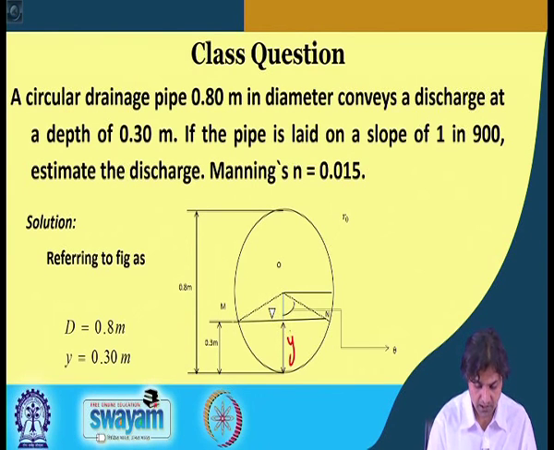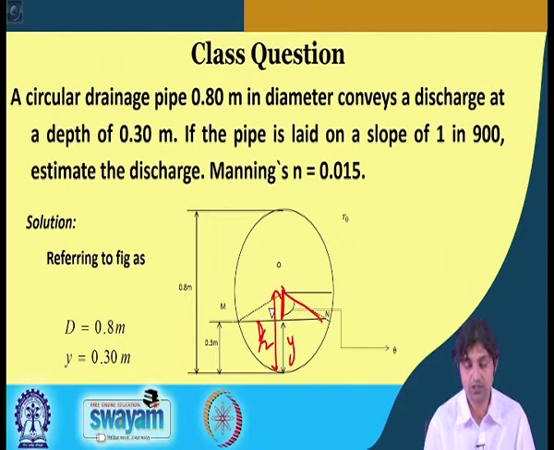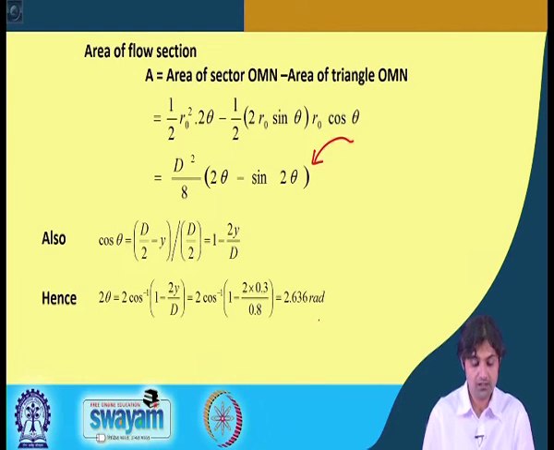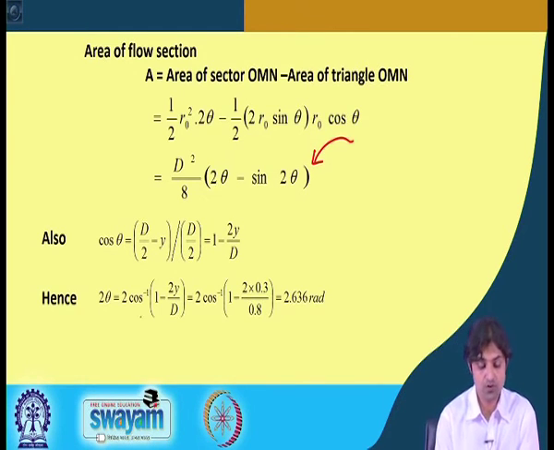If this is y and this is d by 2, then d by 2 minus y is this length. Hence, 2 theta can be written as 2 cos inverse of this value. Because y and d are known, we are able to calculate 2 theta.